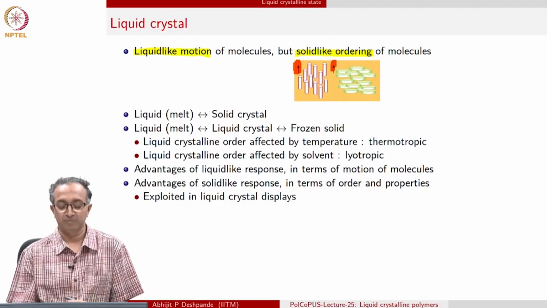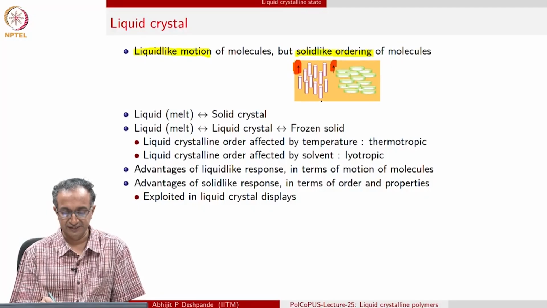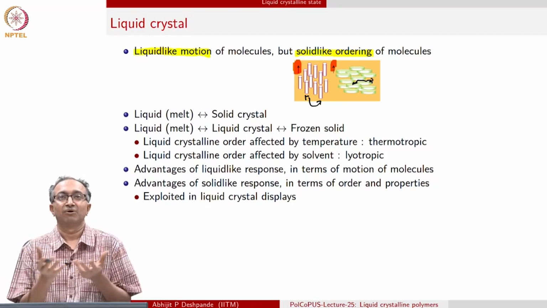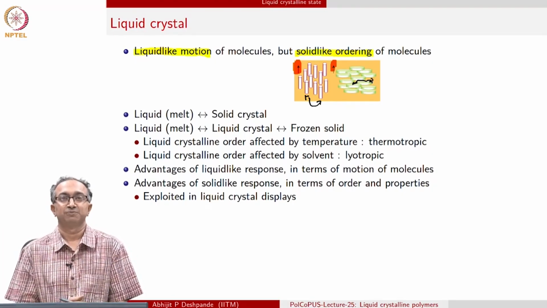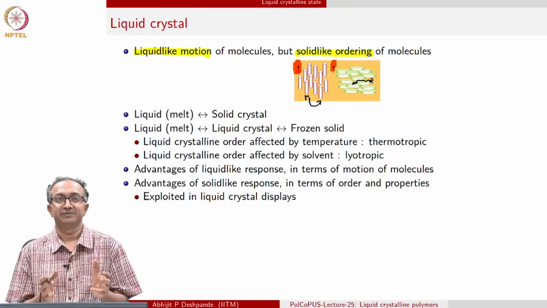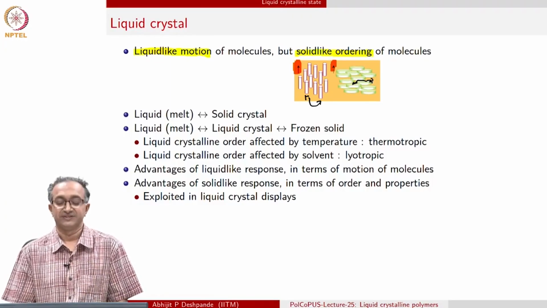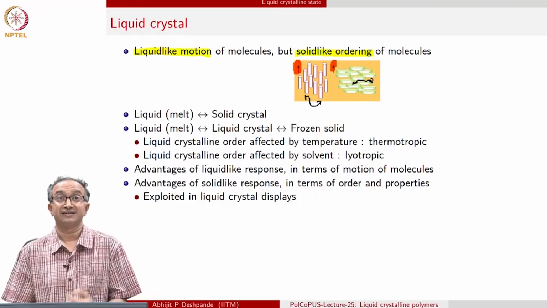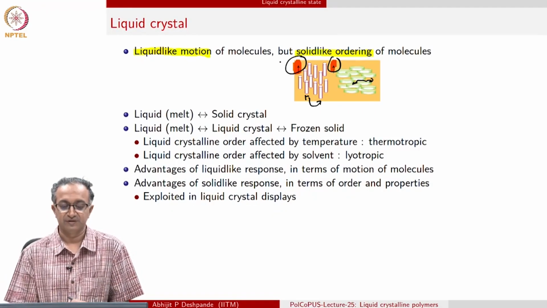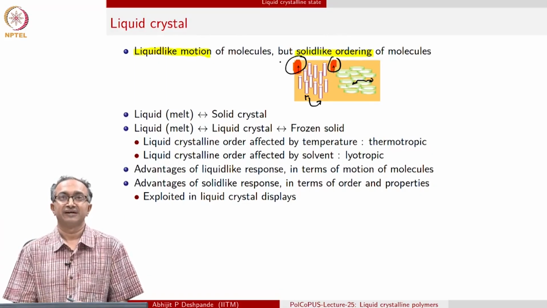But what is crucial about this state is the fact that there can be exchange between these rods or between two discs. So, therefore, translational motion of these entities is possible. However, orientationally they remain more or less fixed. So, in this case the director vector, as it is called, is pointing to one particular direction.